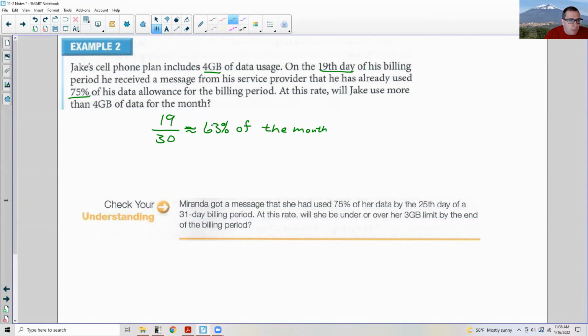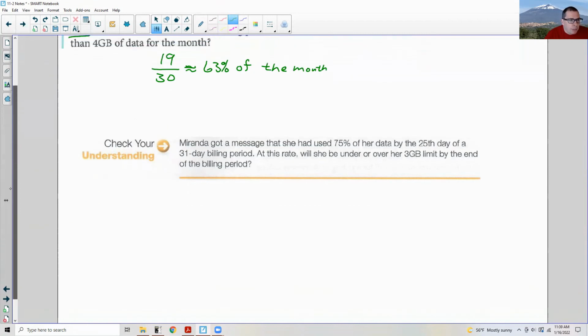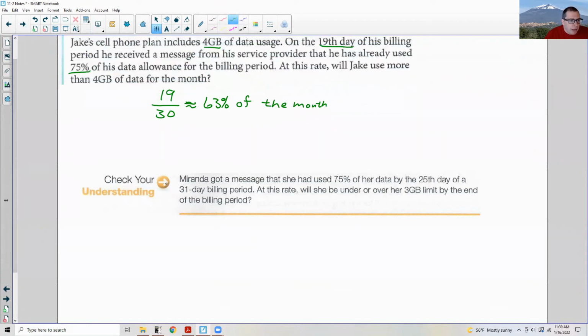So if this number was less than this, we'd be okay. But now that this is over, if he continues using that amount of data regularly, he will go over. Okay, so at this rate, he will use more than 4 gigs of data for the month. All right, so it's just simple calculation of percentages. And then I'll check your understanding.